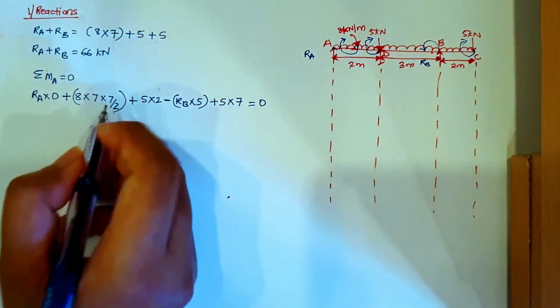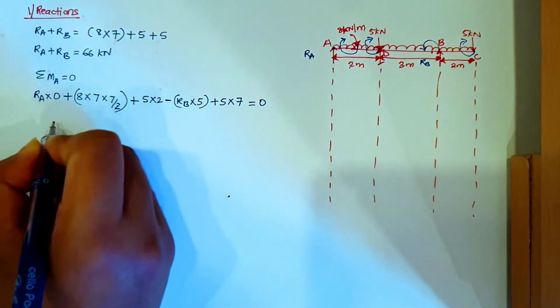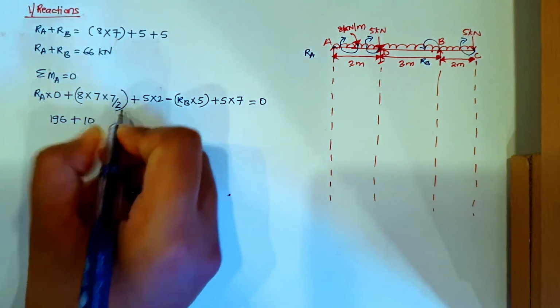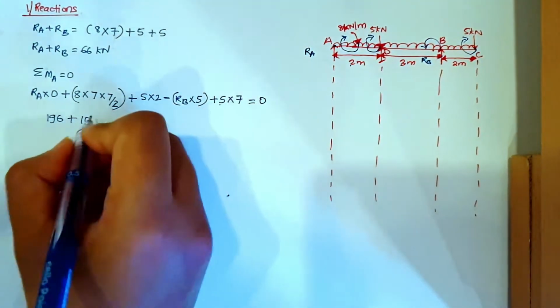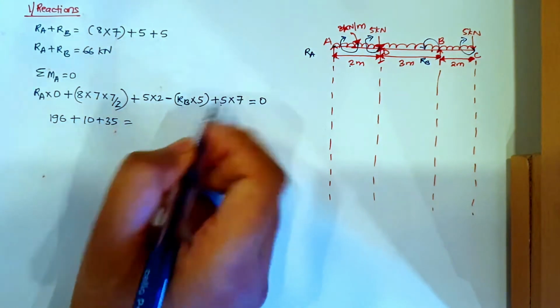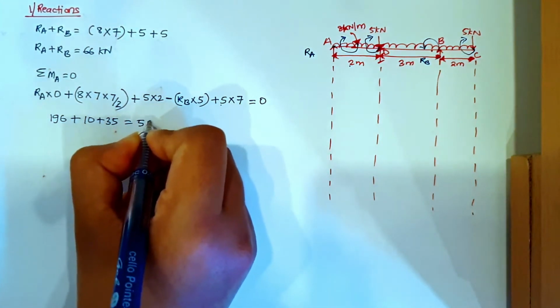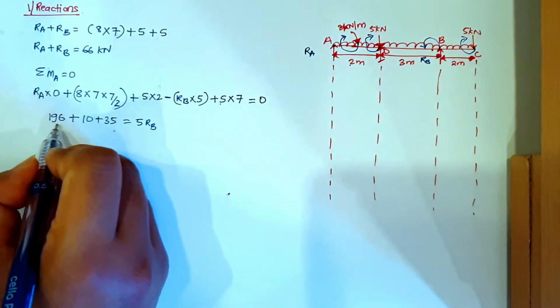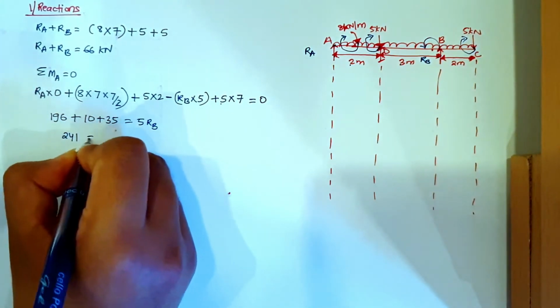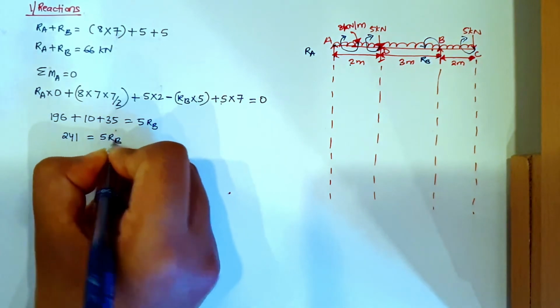So 8 into 7 into 7 by 2 will be 196, plus 5 into 2 is 10, and 5 into 7 is 35, equal to, sending minus RB to the right hand side, 5 RB. If you add up all of this, you will get 241 equals 5 RB.